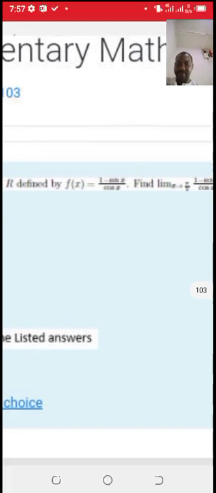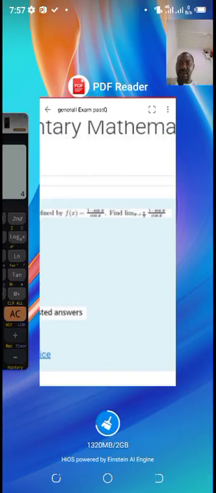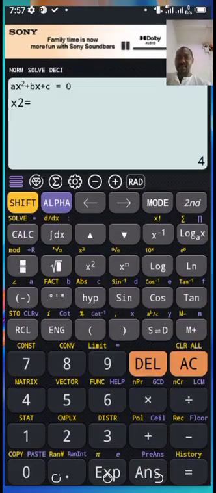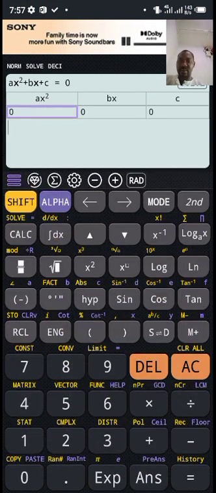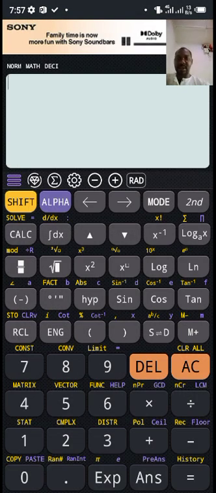I prefer you use a calculator here. So let's see, let's go there. Maybe your calculator can be in degrees or radians in this case, so let me change to degrees.